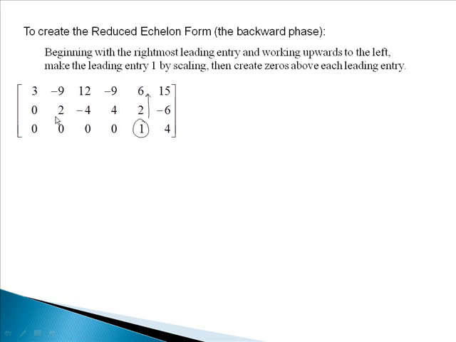I want you to make the leading entries 1s, which this one already is, and then create 0s above it. So you'll need to create a 0 here and a 0 here. Then you'll need to turn this 2 into a 1 and work upward and turn the -9 into a 0 and then turn the 3 into a 1 as well. So I want you to get into reduced echelon form. This I want you to work on and bring to class with you.